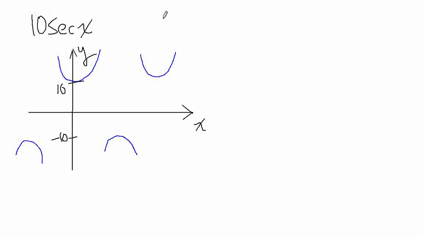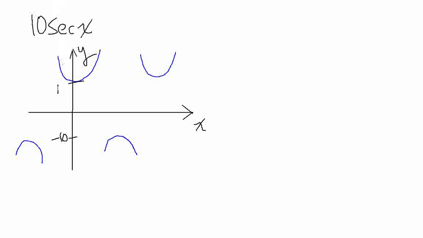Okay, so it essentially looks like the original secant graph, except that the valley is not at the y-intercept of y equal 1, but now it's at y equal to 10. Okay? So that affects the y-intercept.